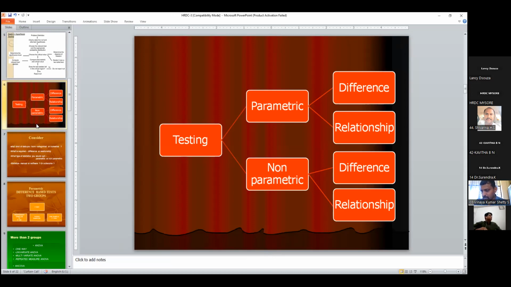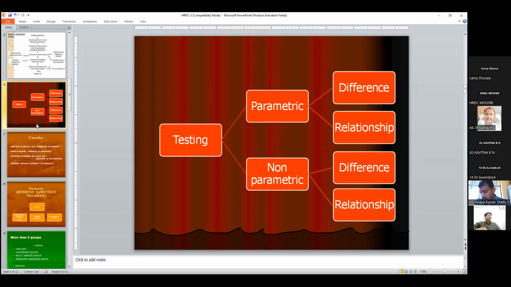In the parametric, you can go either for a difference or for a relationship. Even in non-parametric, you'll have either difference or relationship based tests. So totally we have four types of testing: parametric difference, parametric relationship, non-parametric difference, and non-parametric relationship. These are the four sets of statistics which we'll be discussing now.